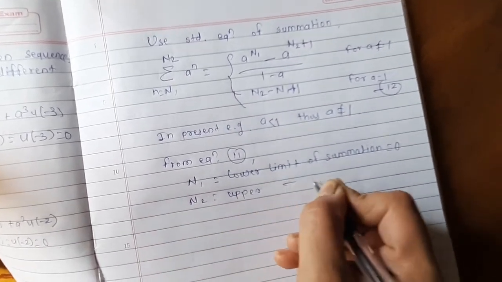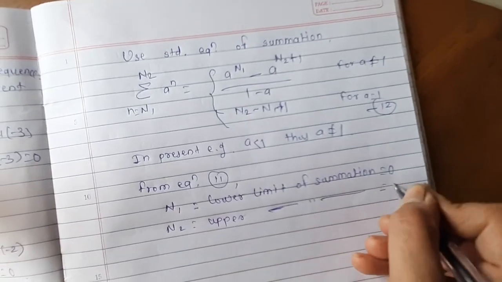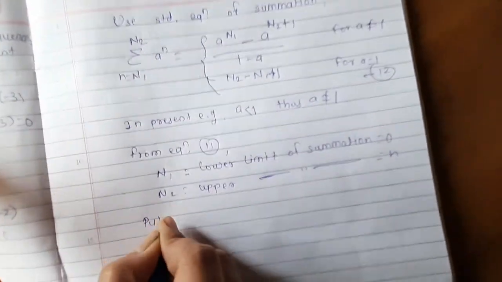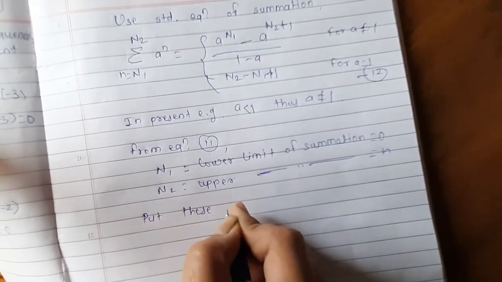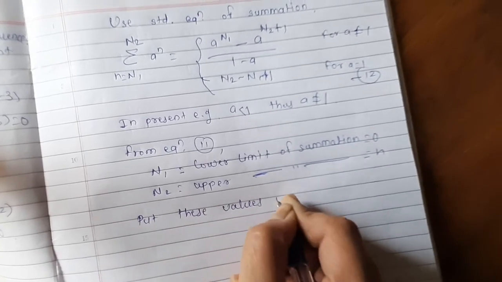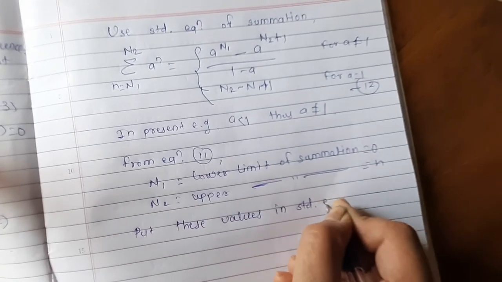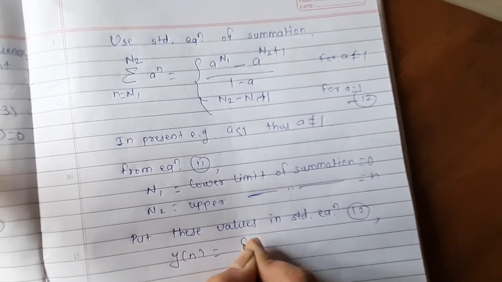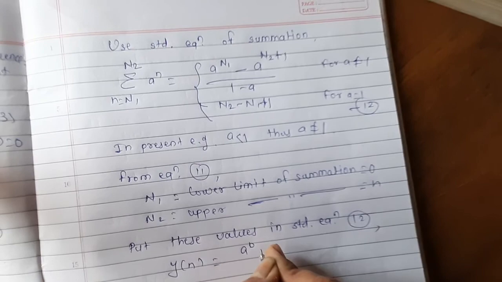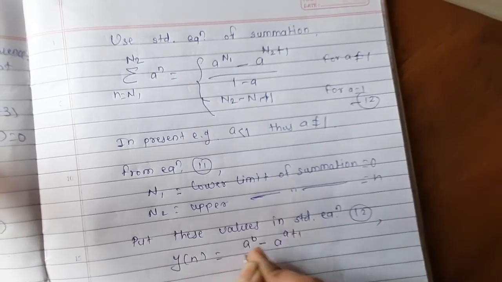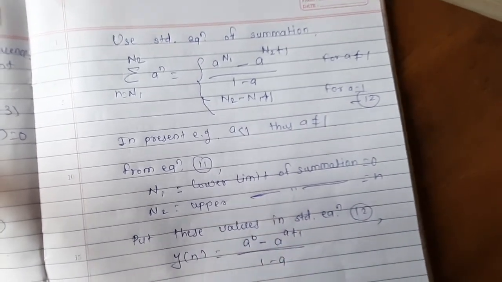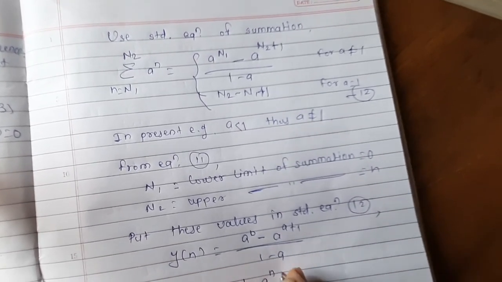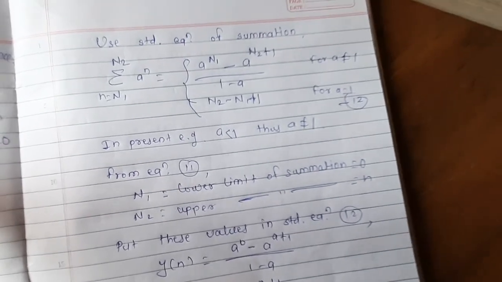The upper limit of summation, which is n. Now put these values in standard equation 12. So y of n is equal to a raised to 0 minus a raised to n plus 1, divided by 1 minus a. So y of n is equal to 1 minus a raised to n plus 1 divided by 1 minus a. Thank you.